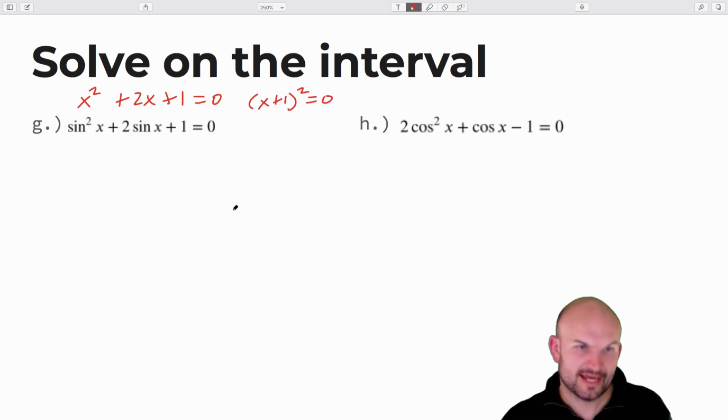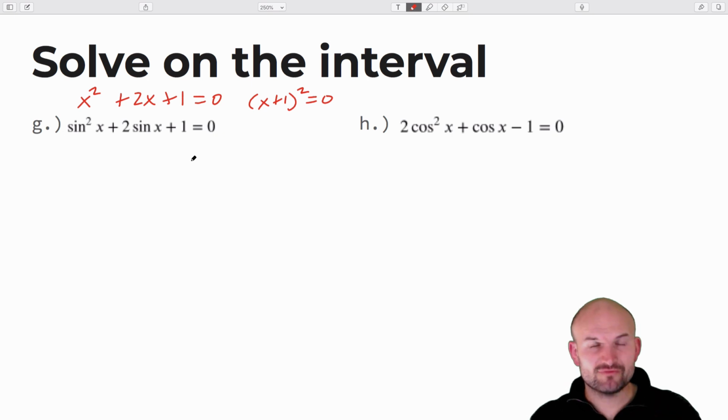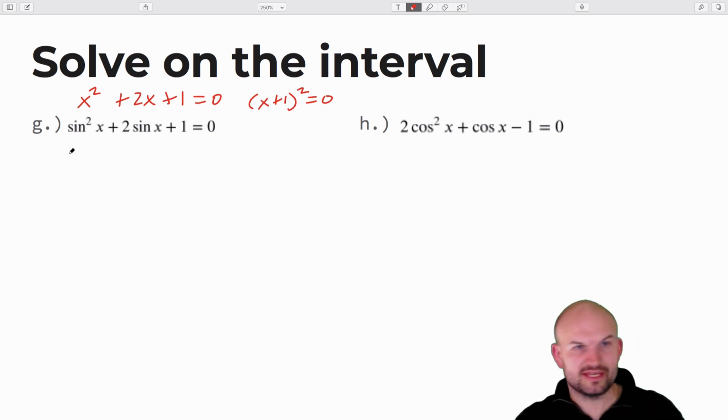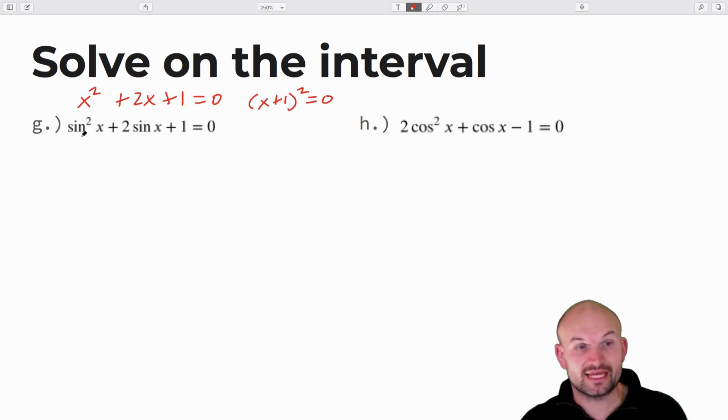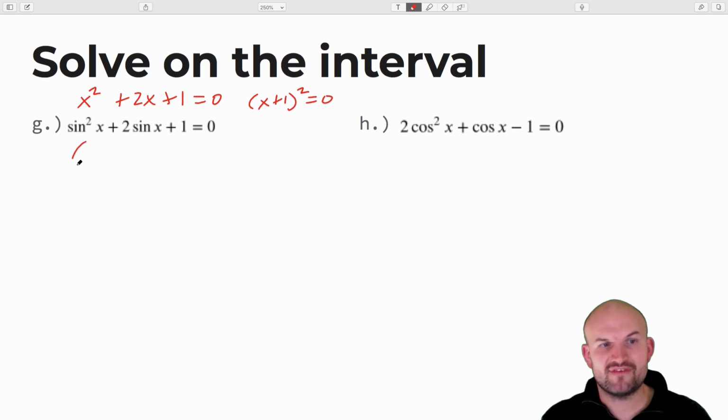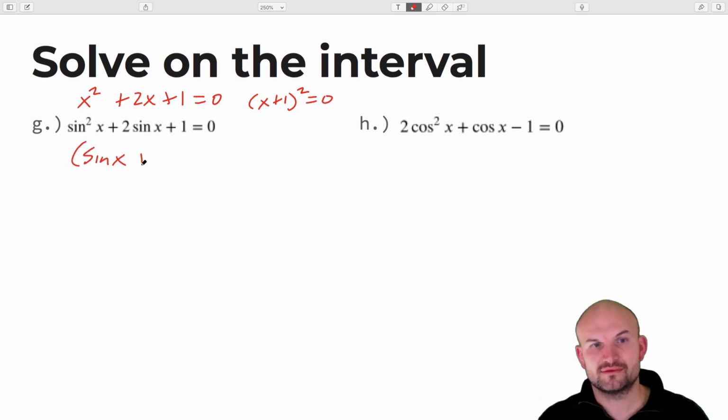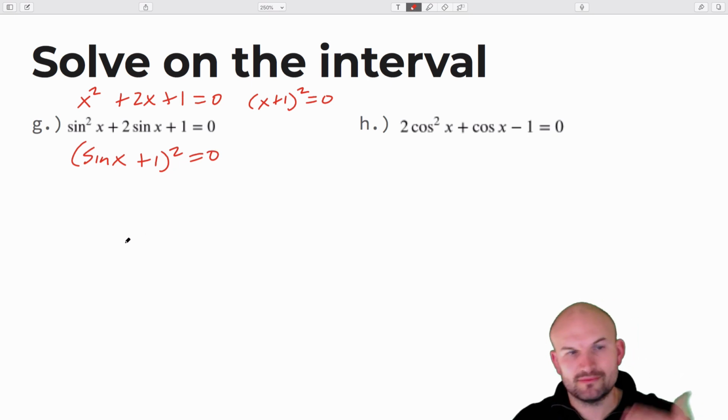The reason why I bring that up is if you have trouble factoring this, instead of trying to think sine of x times sine of x, write it as x's. And then all you have to do is go back and substitute sine of x in for x. Because the factored form of this is sine of x plus 1 quantity squared equals 0. Right? And the more you do these, the better you'll get at this.